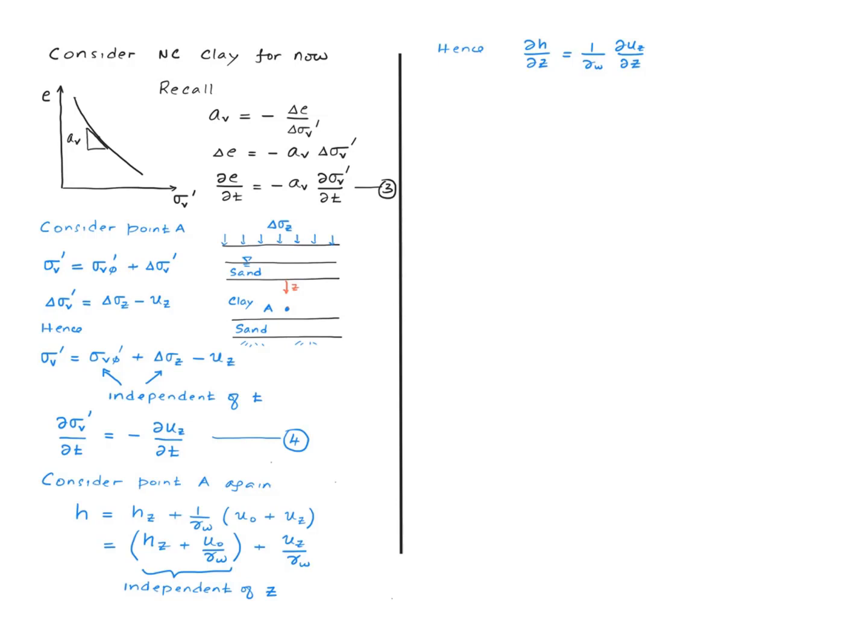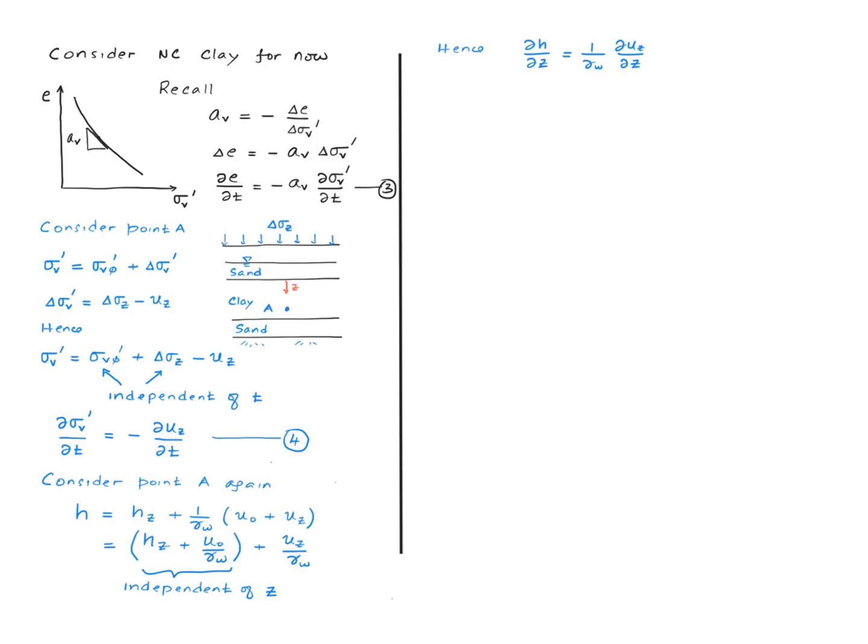The total head consists of the elevation head plus the pressure head, right? So the pressure has two components, the initial pore water pressure and the excess pore water pressure. If we group this term with the first of the two terms in the pressure term, we recognize that this is the total head before the surface pressure was applied, right?